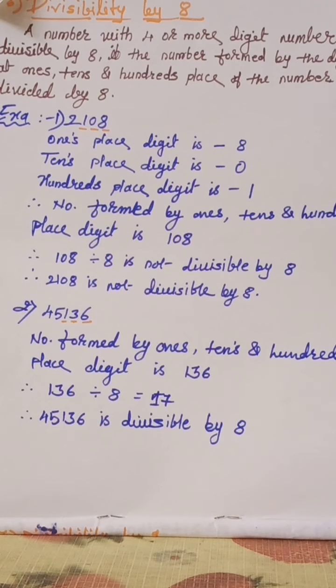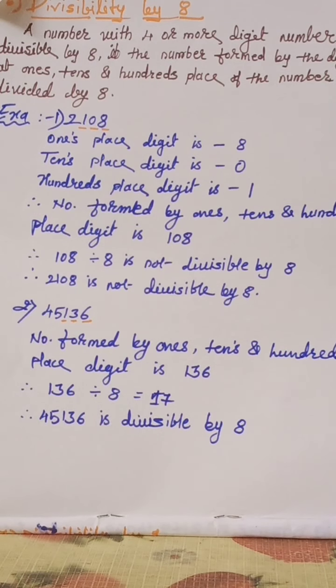Next test of divisibility is by 8. A number with 4 or more digits is divisible by 8 if the number formed by the last 3 digits, meaning ones, tens and hundreds place of the number, is divisible by 8.